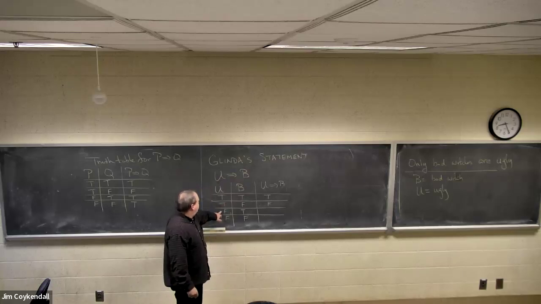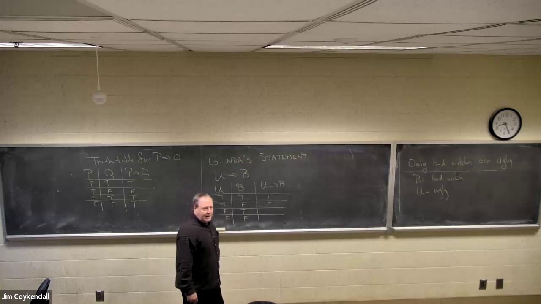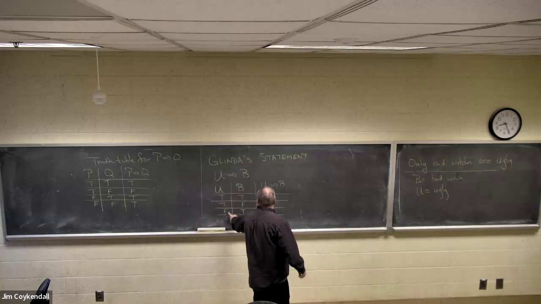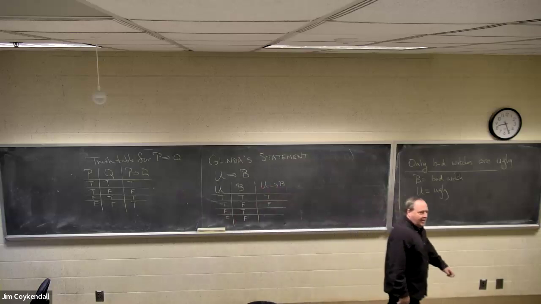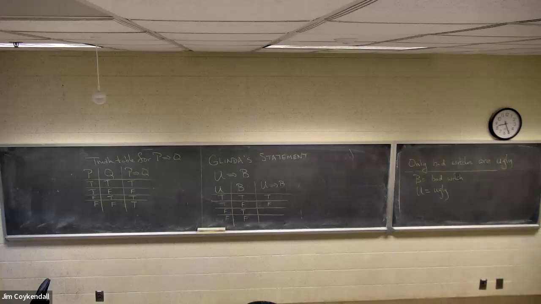And so by that logic, this one has to be false. Now, let's suppose that you see a witch that is pretty. What do you know about that? Does that mean that the witch is good?